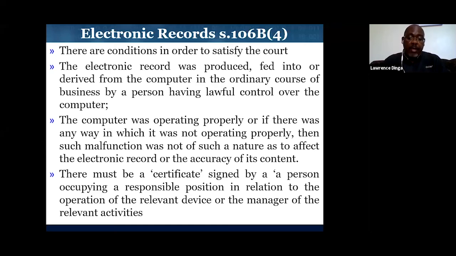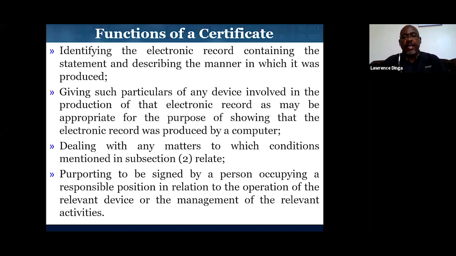So there must be a certificate signed by a person occupying a responsible position in relation to the operation of the relevant device or manager of the relevant activity. So that is section 106B, subsection 4. Just get that so that you can go back and look at the Evidence Act.